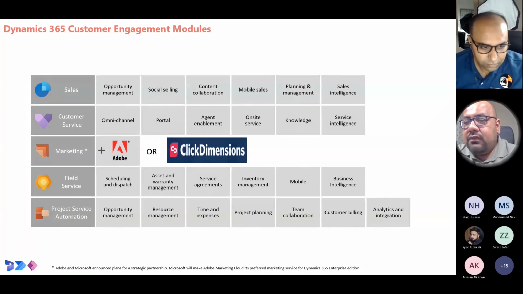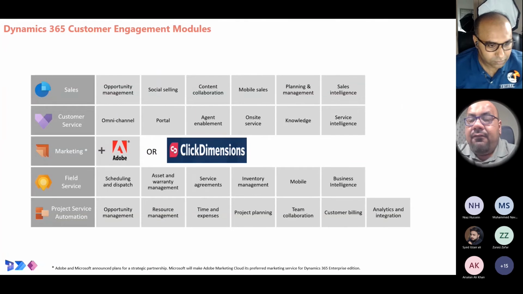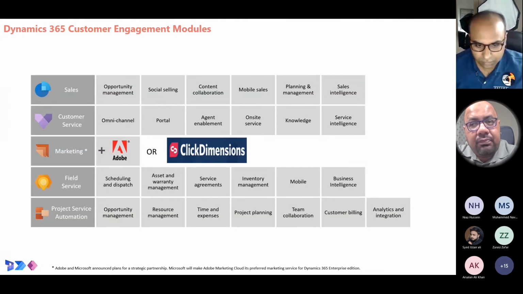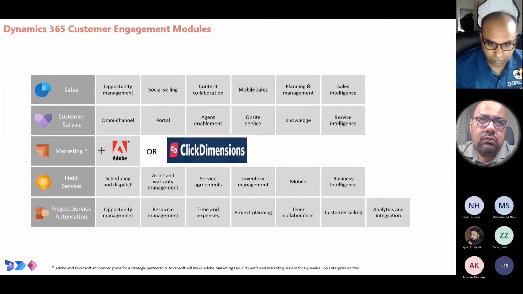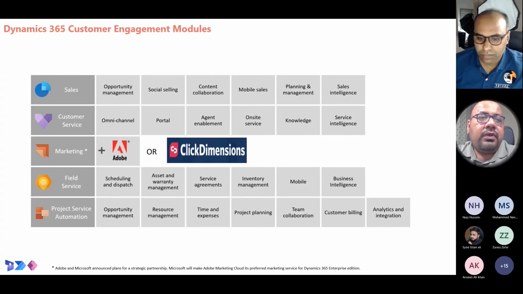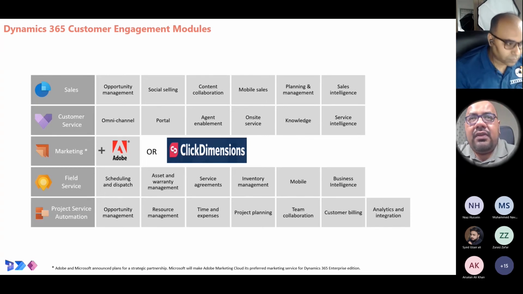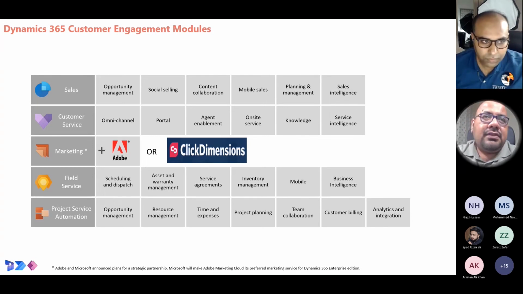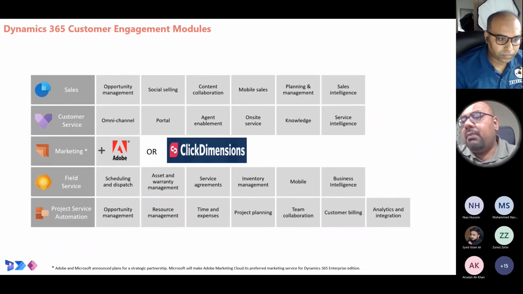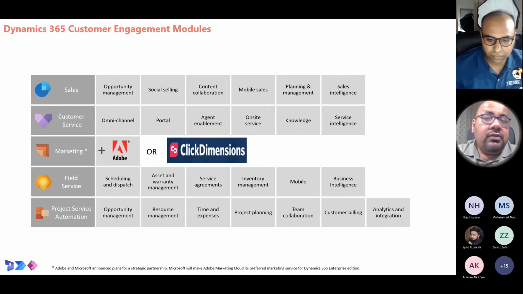So Microsoft offers by default 5 modules. Overall, you can say 4, because Project Service Automation is now a mixed version with Finance and Operations also. So if you are going with Finance and Operations, then Project Service Automation comes into place. But eventually there are 5 modules which come here.